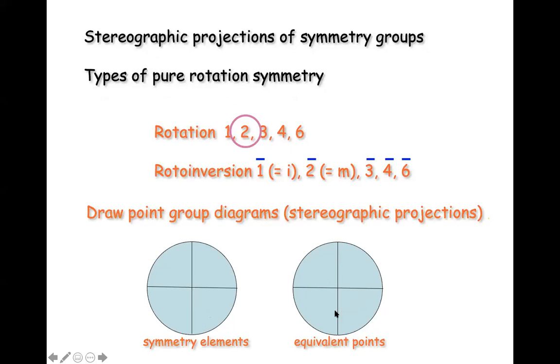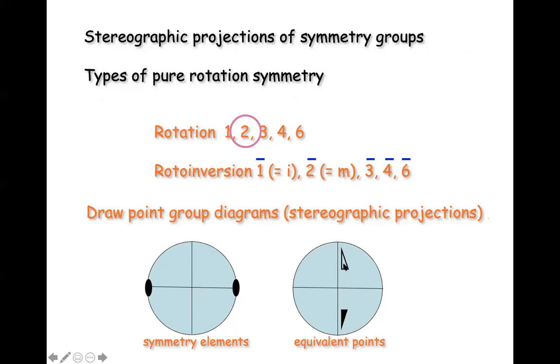Now, okay, you do the twofold rotation along this direction. Now you see what happens. You start here and it goes below the plane of this board, because this object is above the plane and this object is below the plane.